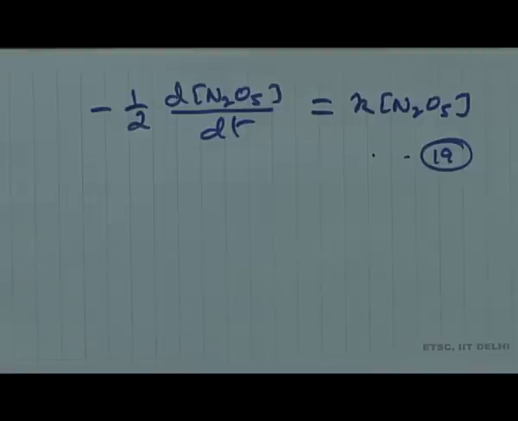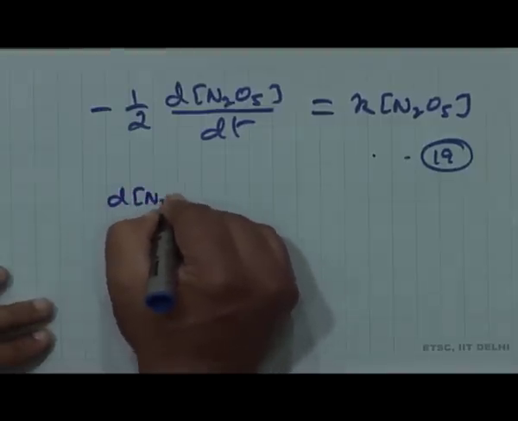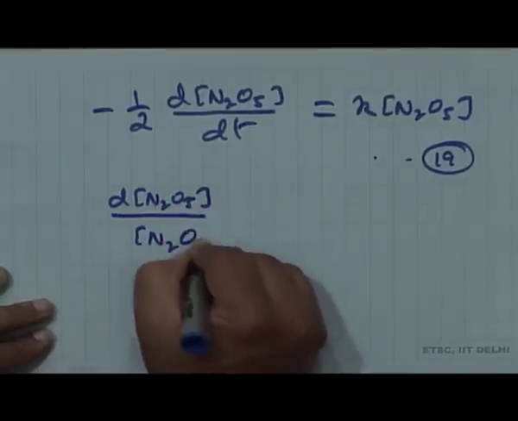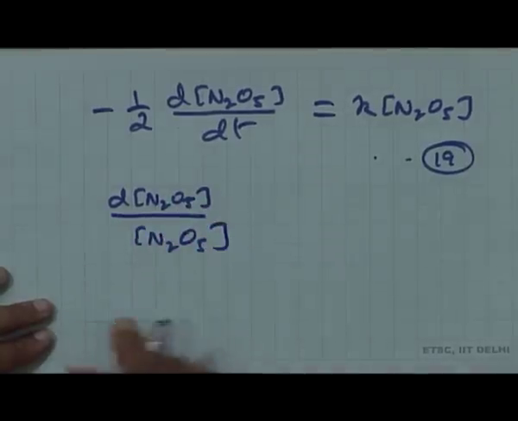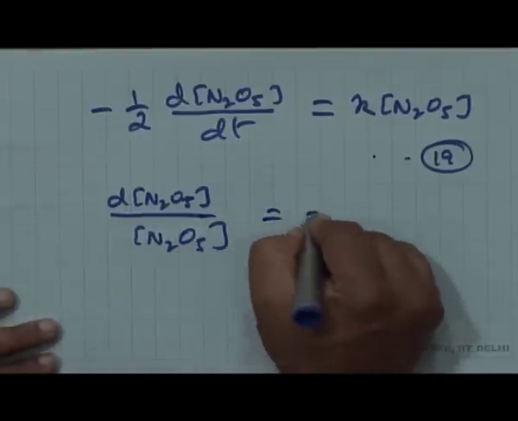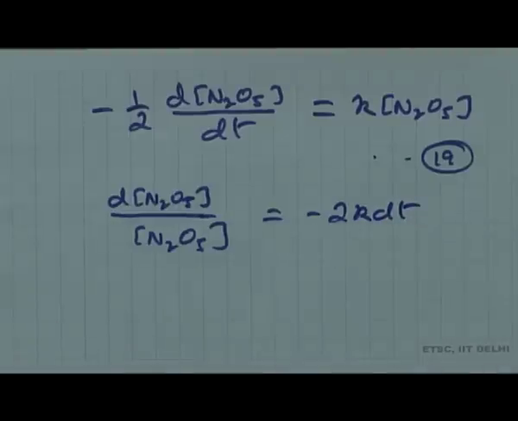Now, again I do exactly the same thing, but a small difference creeps in, if you keep track of what I am doing. This is d N2O5 over N2O5, but I have a 2 out here, is not it. So, I will write it as minus 2 K d of t. Once I write it as minus 2 K d of t, then I integrate.